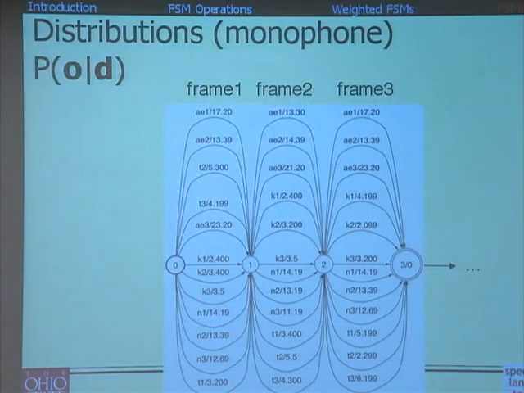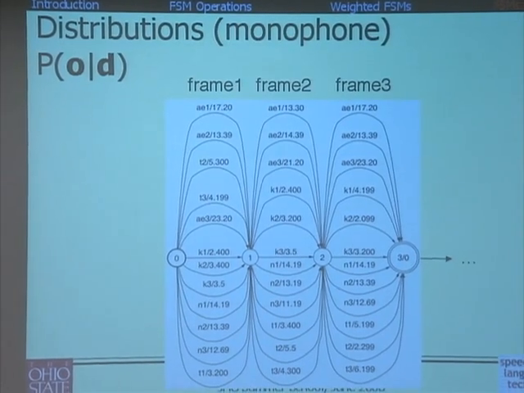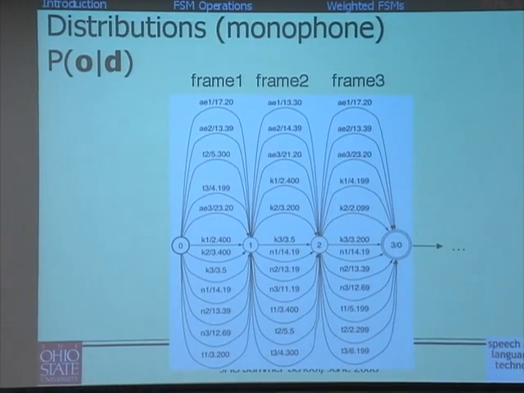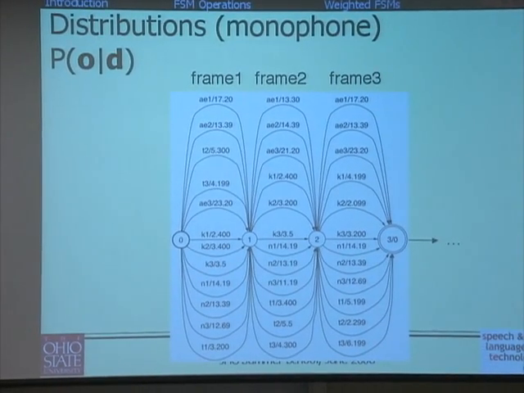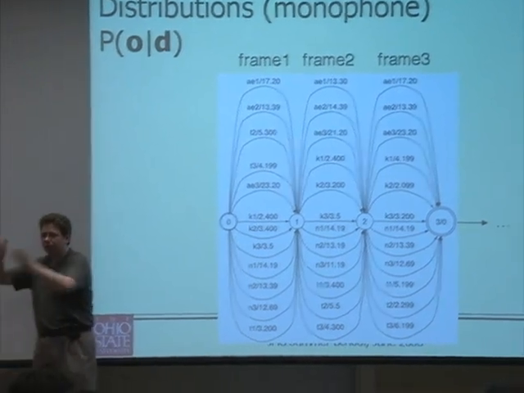So what might the probability of observations given the Gaussian distributions look like? Now remember, what we've got are these 10 millisecond frame observations coming along, these 39-dimensional things.